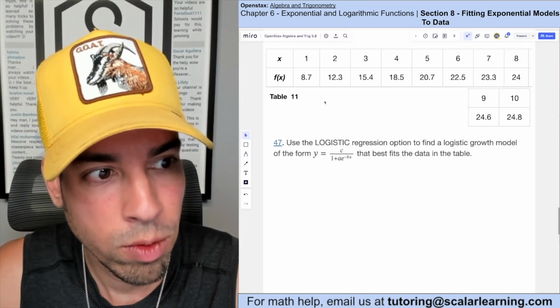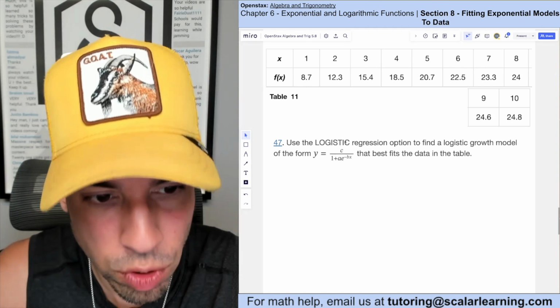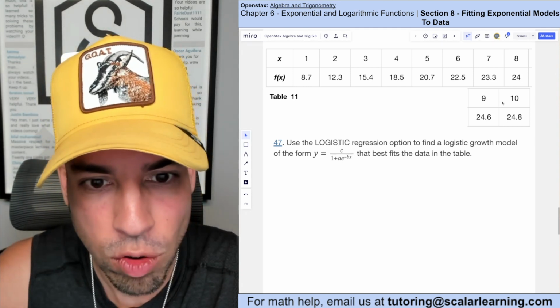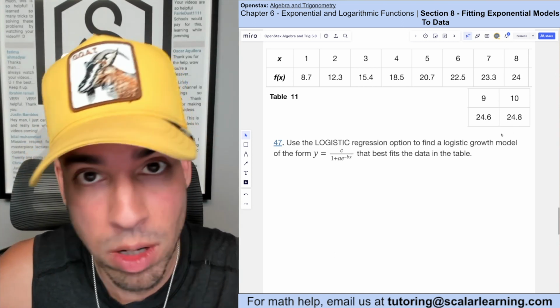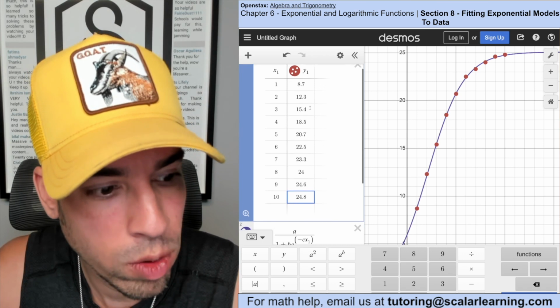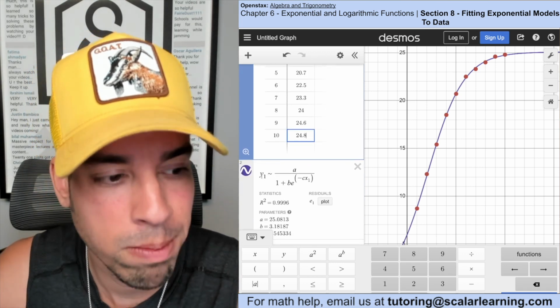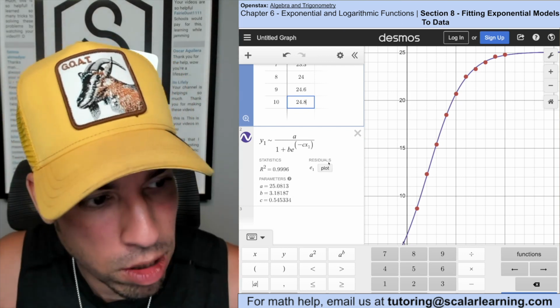So for number 47, we've got to plot all these values, and then we've got to run a logistic regression to get a nice equation. And by the way, we got 7, 8, 9, 10. So we're going to plug these points into Desmos, run the regression, and let's see what we get for the constants. So here we plugged everything in as x1 and y1. Here's our model for a logistic, and here are all the values. So let's plug them in and let's see what we get.